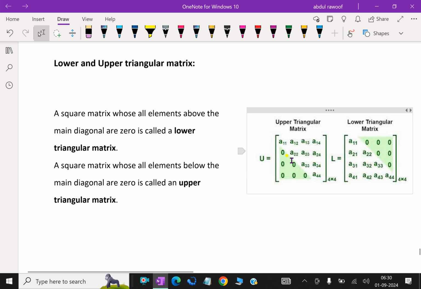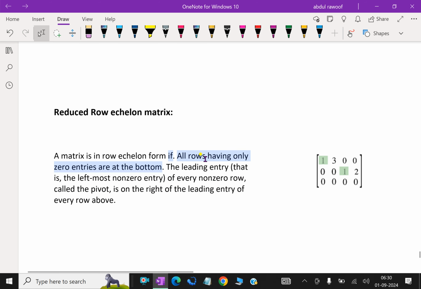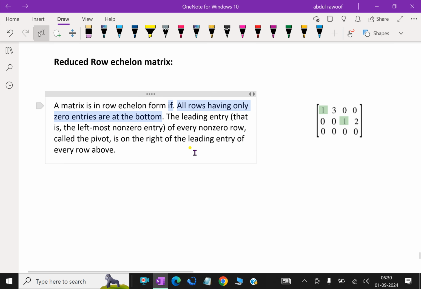Here, in the first one, above the diagonal there are some elements and below the diagonal there are zeros, so it is an upper triangular matrix. Then, above the diagonal all elements are 0 and below the diagonal there are non-zeros, so it is a lower triangular matrix.